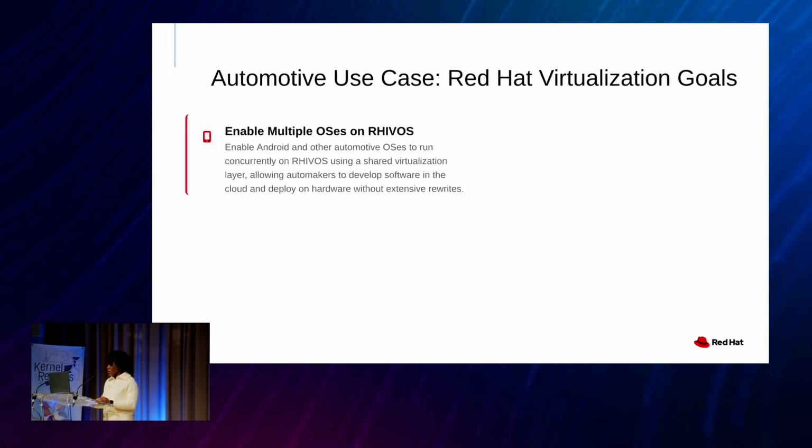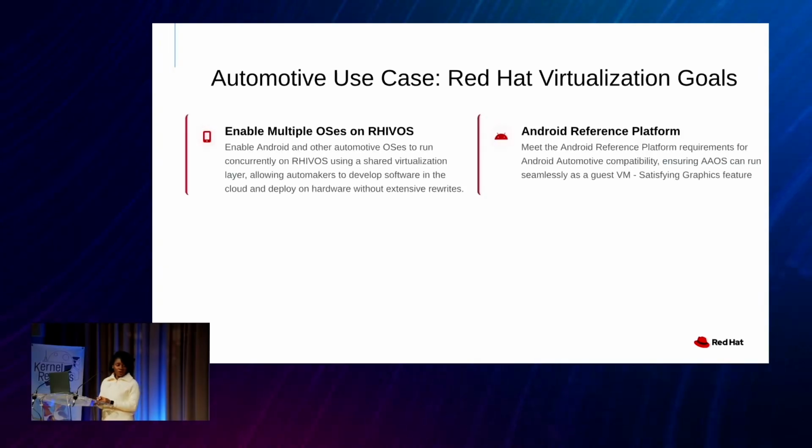Another goal for us was to ensure that virtual GPU was compatible with the Android reference platform, which specifies features that are needed for Android automotive systems. This ensures that the Android automotive OS can run seamlessly as a guest VM.